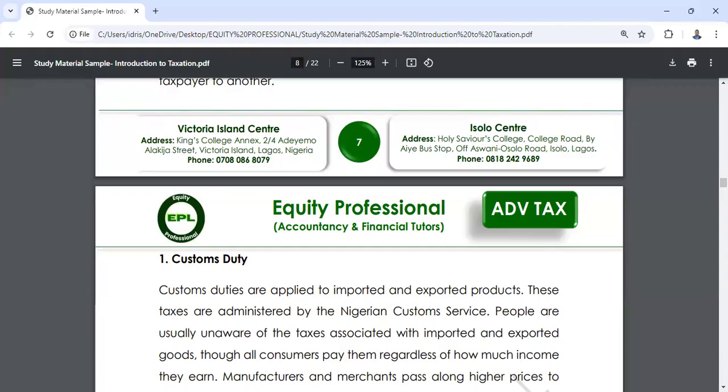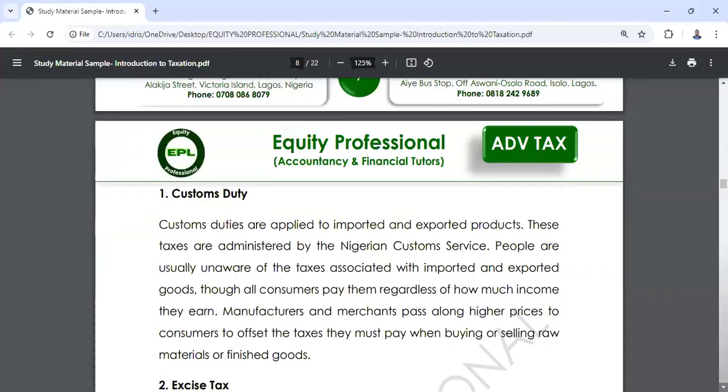It is shifted from one stage of production to another: from the producer to the wholesaler, the wholesaler to the retailer, to the consumer. So number one type of indirect tax is customs duties.